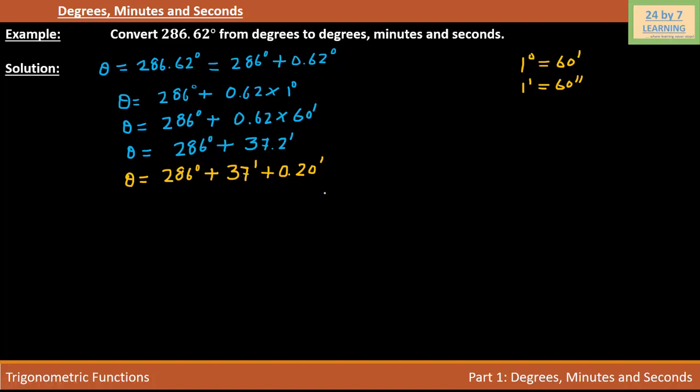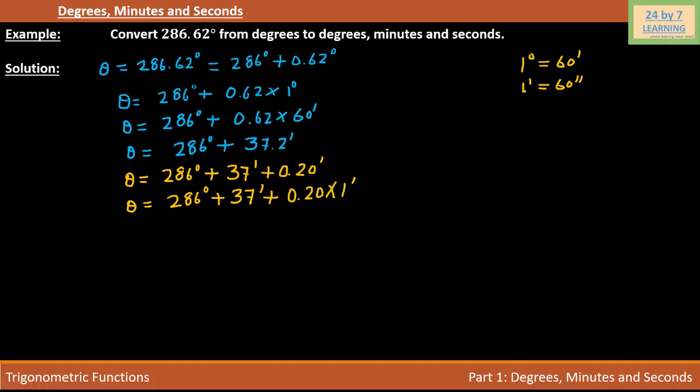Now let's simplify further, and if we do that, we will write theta is equal to 286 degrees plus 37 minutes plus, and my minutes in decimal is 0.20, so I can write this one as 0.20 times 1 minute.